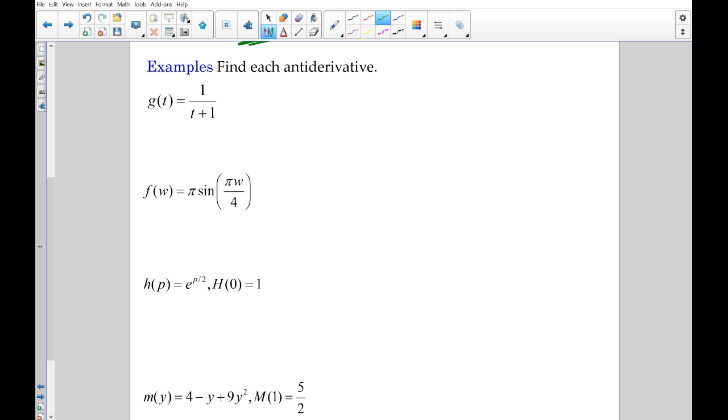Looking at little g of t here, this is going to take some practice, but this is reminiscent of 1 over t, and 1 over t was the derivative of natural log.